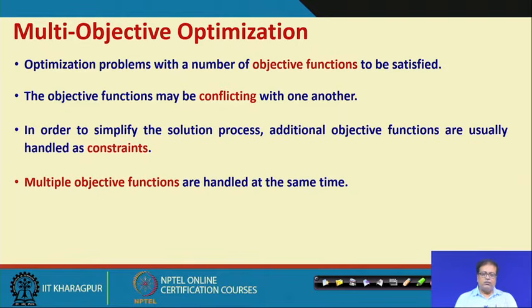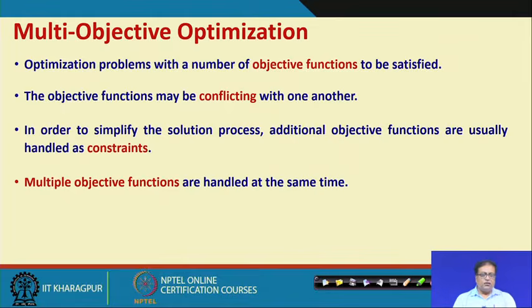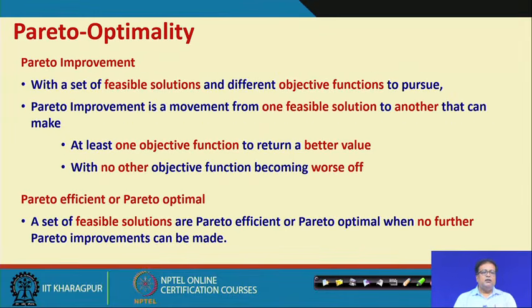So, the solutions obtained may satisfy those constraints, but cannot be called optimal with respect to all of these objective functions. So, how do we carry out the multi-objective optimization? That we shall come to a little later.